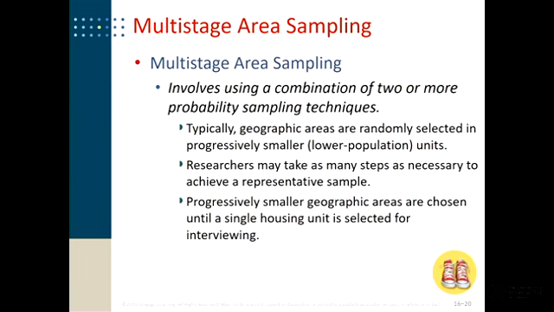Again I say, we use different stages of sampling so that we can progressively reach a smaller geographic location to get our respondents.